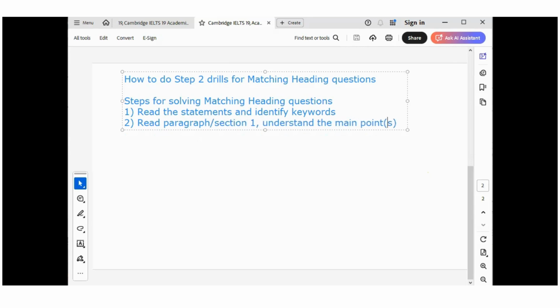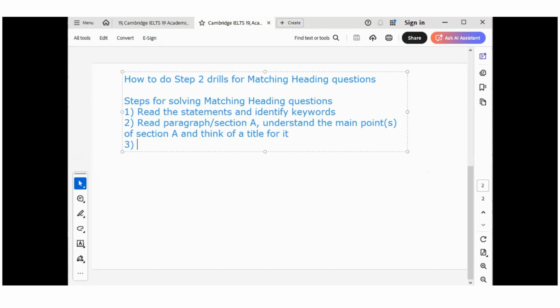Sometimes they label them as section, usually section A. They label them A, B, C, D, E, F, G. Okay, understand the main points of section A. Okay, and think of a title for it.